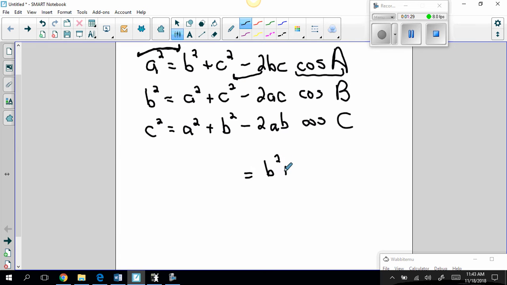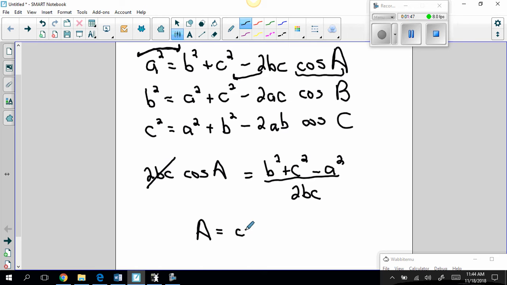B squared plus C squared minus A squared, and over on the other side is a 2BC cosine A. And let's divide by 2BC, and in addition, let's do inverse cosine. B squared plus C squared minus A squared all over 2BC.